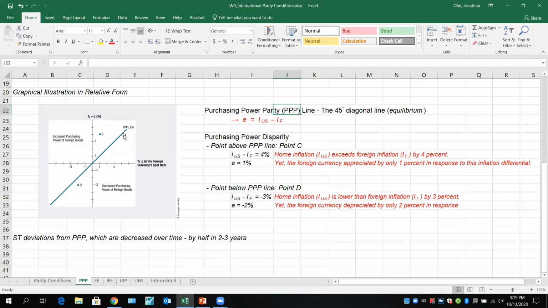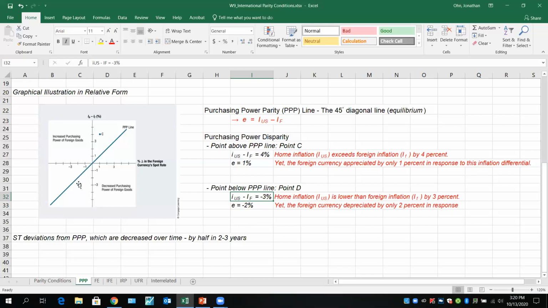Okay. Now, what about D? That is below the purchasing power parity line. If you look at that one, the relative inflation is -3, but the percentage change in exchange rate is -2. So in this case, the change in exchange rate is greater than relative inflation. So this is again a purchasing power disparity. If it is in equilibrium, it should adjust itself to purchasing power parity.